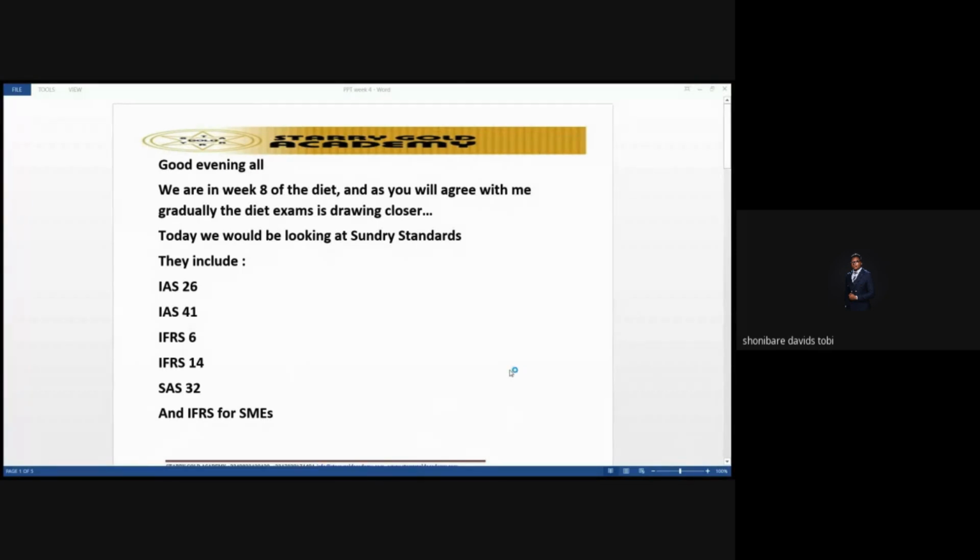So why IAS 26 when there's already IAS 19? IAS 26 just gave us a theoretical guide on how IAS 19 works. IAS 19 was very voluminous, talking about different post-employment benefits, short-term employment. You remember all those things we did in class that we grouped under three: the short-term and the long-term. Then we also have termination and all of that.